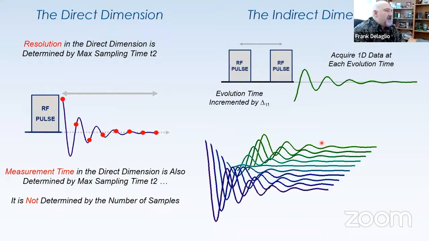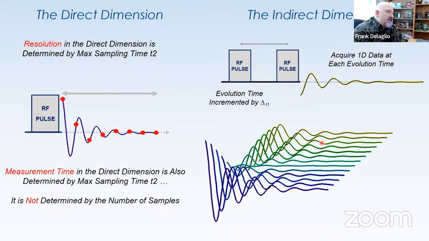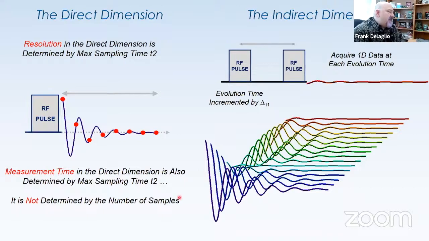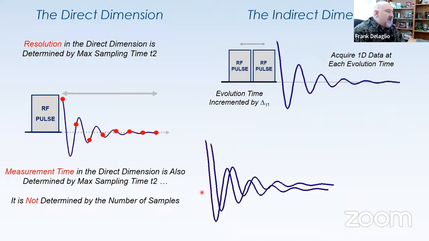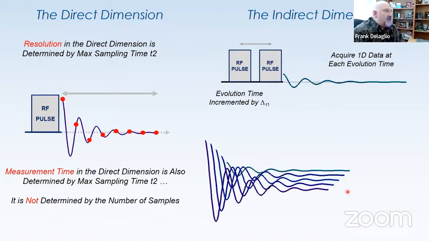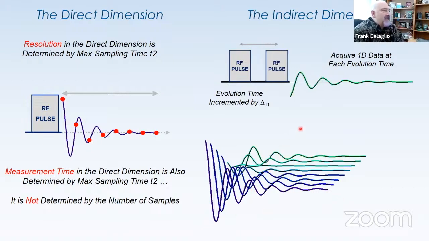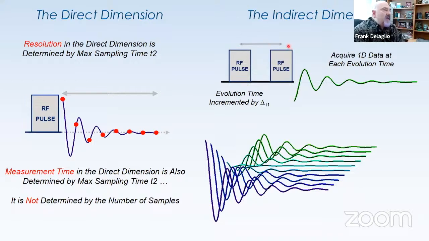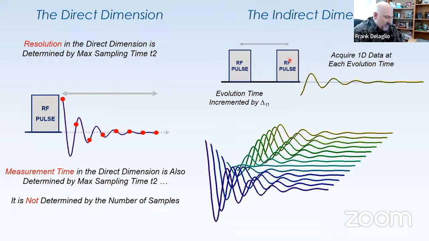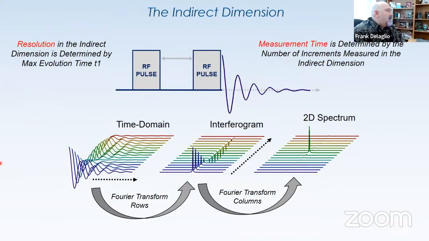So what this does in practice is it takes the signals that we can see in any one-dimensional experiment, and it modulates them in an indirect dimension according to some chemical information that we program into the pulse sequences. And so what this gives us is a stack of 1D spectra that form the time domain of our two-dimensional experiment, and we Fourier transform all the rows of this time domain data to generate an interferogram.